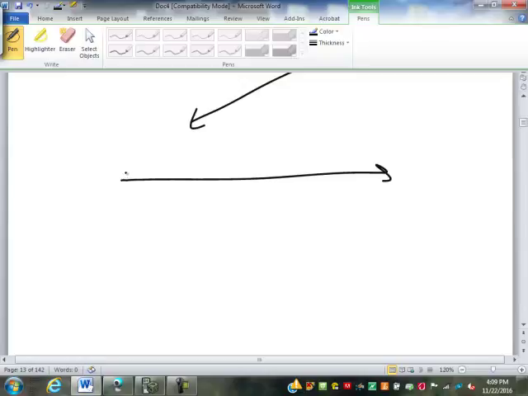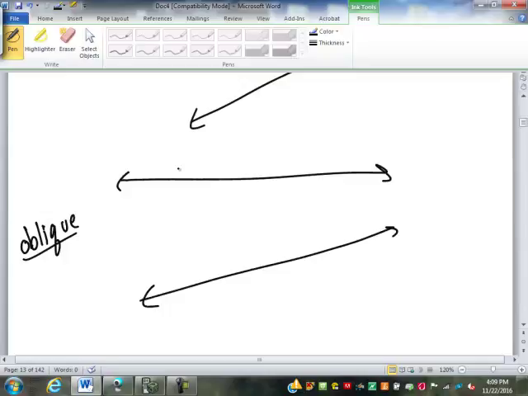Then we have lines like this that are not perpendicular and are not parallel. Those are what we call oblique. On 2 dimensions, it does mean they are going to intersect, but as we just saw in 3 dimensions, 2 lines don't have to be parallel, and they don't have to intersect to not be parallel. So oblique lines are just any lines that are not perpendicular and are not parallel.